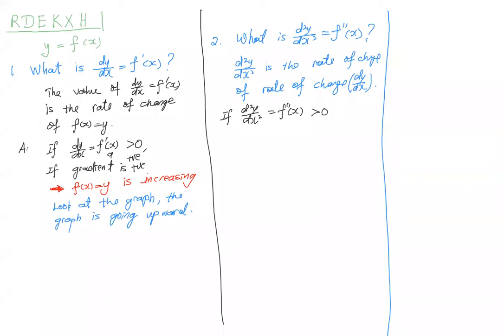If d2y over dx squared equal to f double prime x is greater than 0, what does it tell about dy dx, or we call it the gradient?